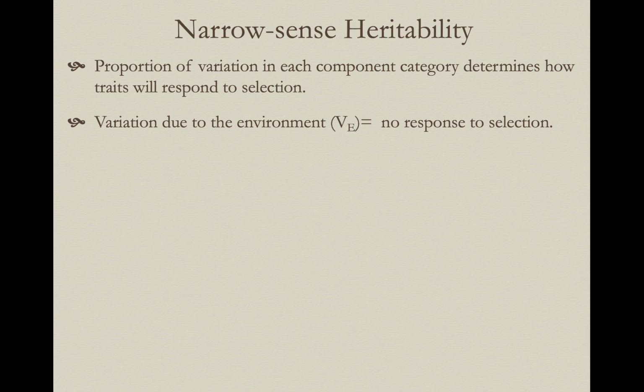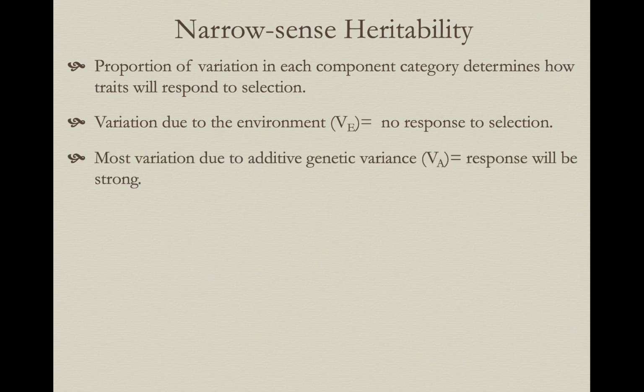It just depends on the environment that you're raised in, the diet that you have, whether it was a wet condition or dry condition. If, however, most of the phenotypic variation that we see is linked to variation in the additive genetic component, then natural selection can really do something with that.